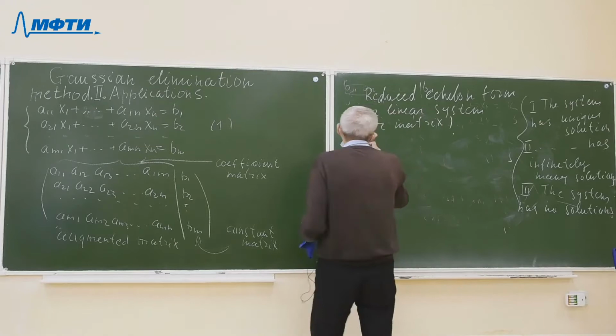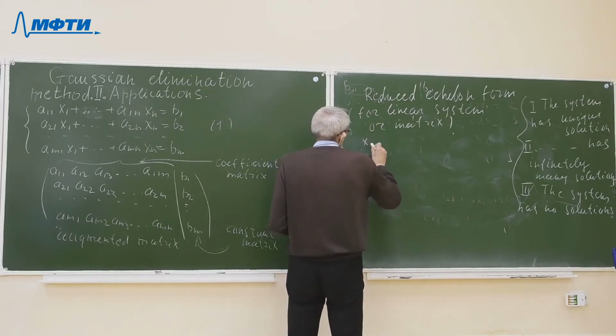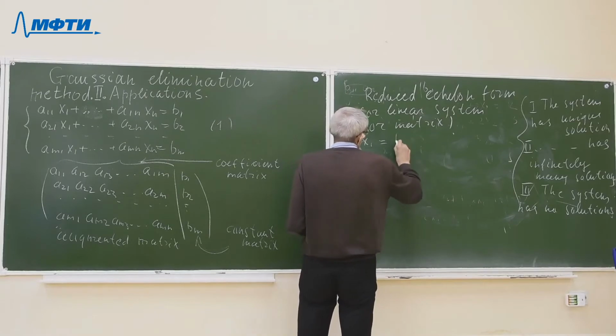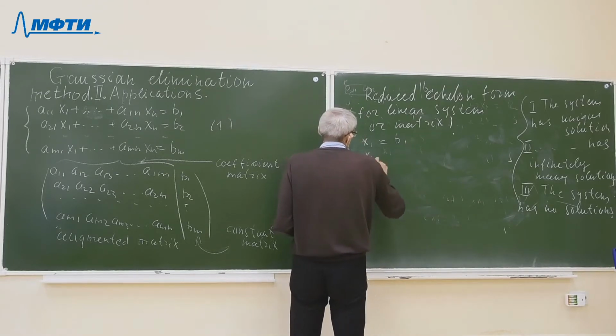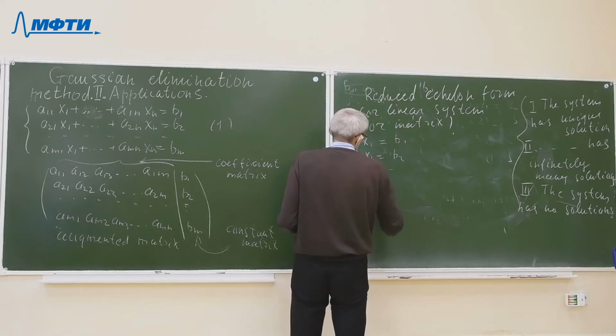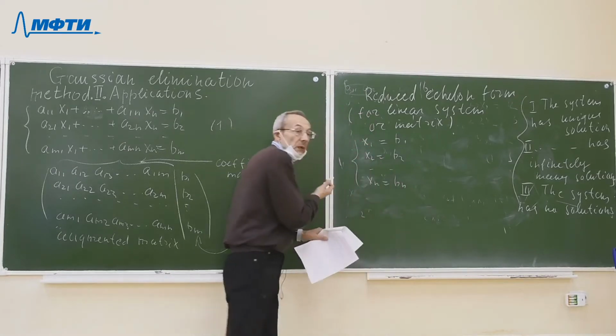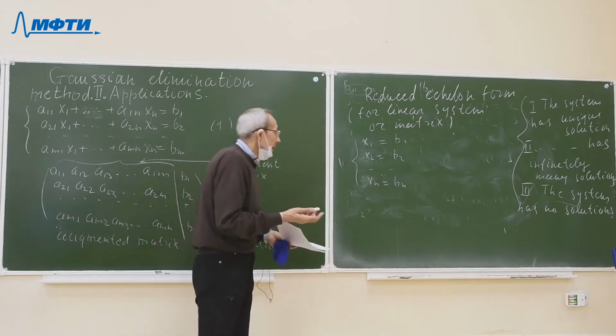In these cases, a matrix of the following type: x1 is equal to b1, x2 is equal to b2, and xn is equal to bn. We have the solution.